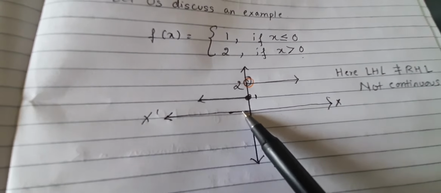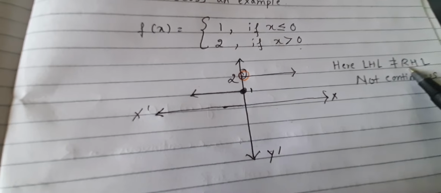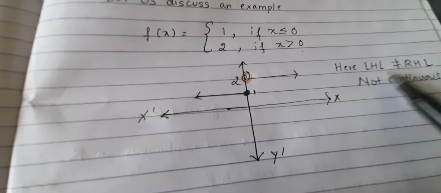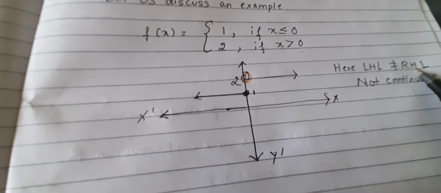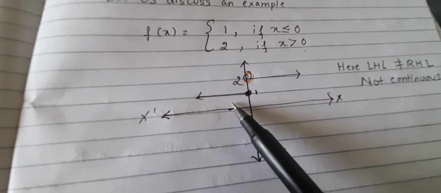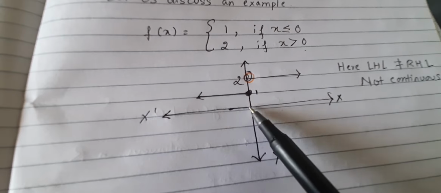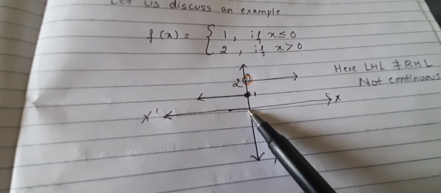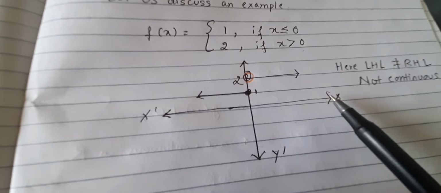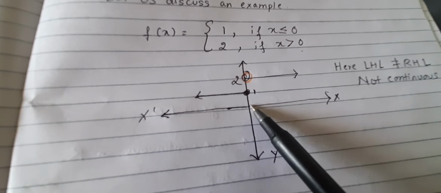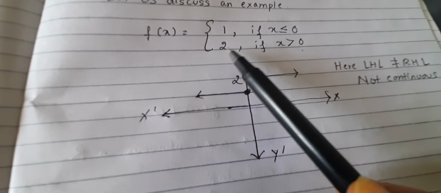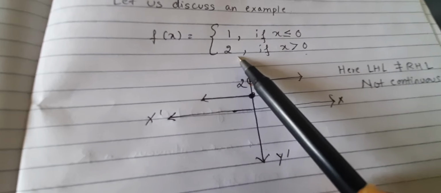So the left hand limit over here is not equal to the right hand limit. Now what left hand limit and right hand limit mean, I will be telling you later on. But from the graph we can see that when we are approaching 0 from the left hand side, the value of the function is 1, and when approaching 0 from the right hand side, the value of the function is equal to 2.